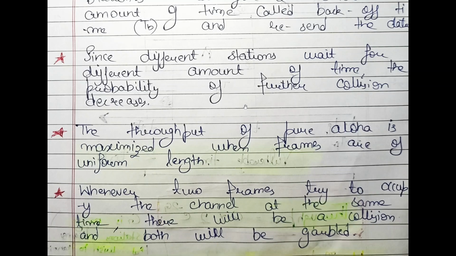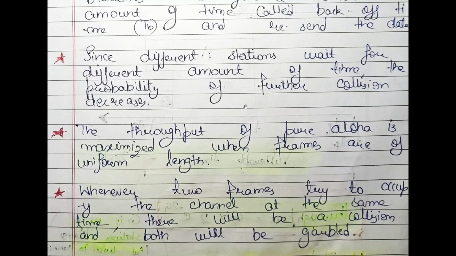However, if they are of different length, then it might be that my frame was of shorter length and the other person's frame was also of shorter length. They passed without any problem. Since there was no collision, we won't be doing any back-off.